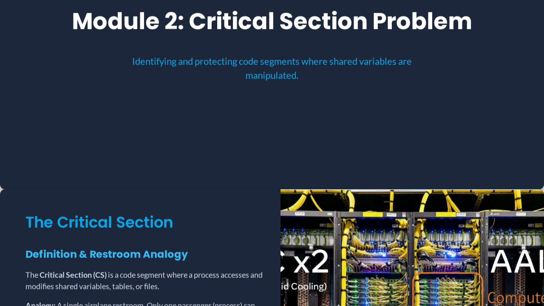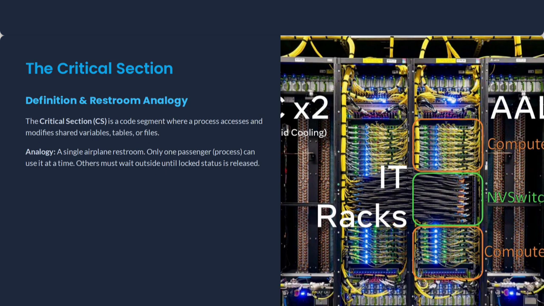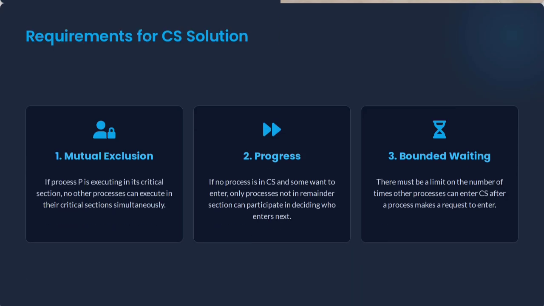The critical section problem is to design a protocol and mechanism so that cooperating processes access shared data only one at a time, with only one process executing inside its critical section at any given moment.